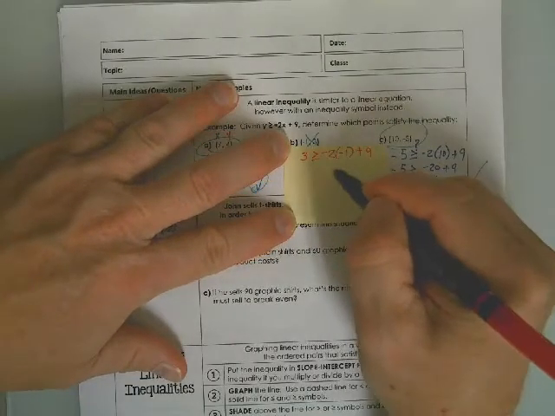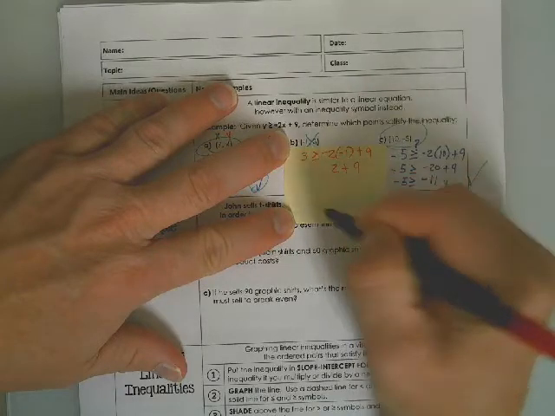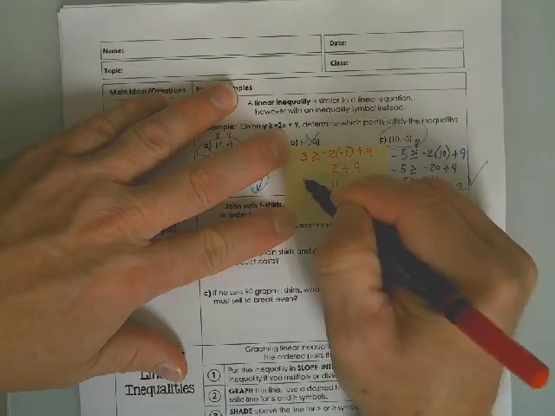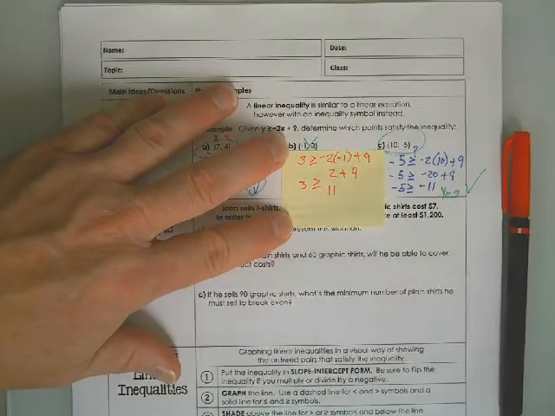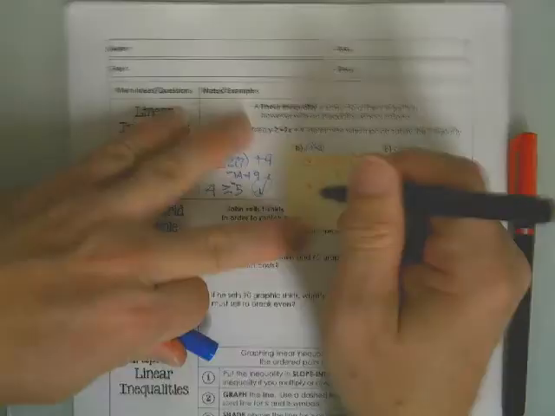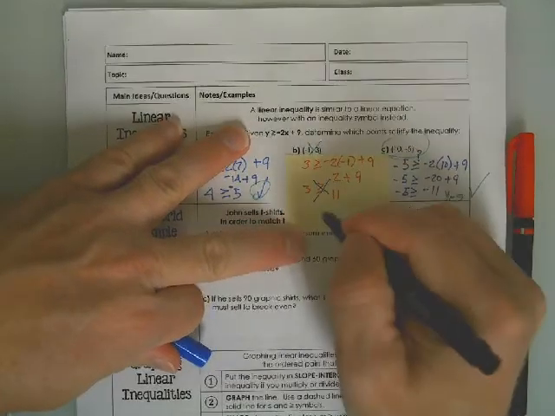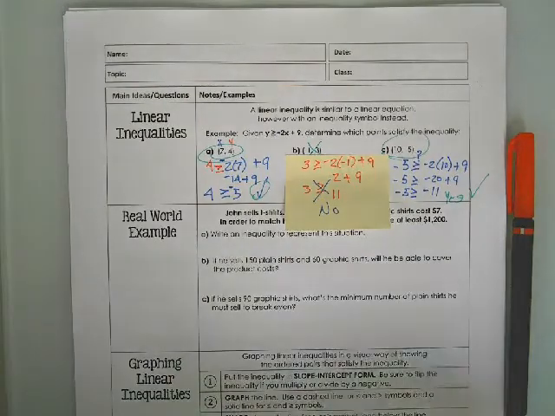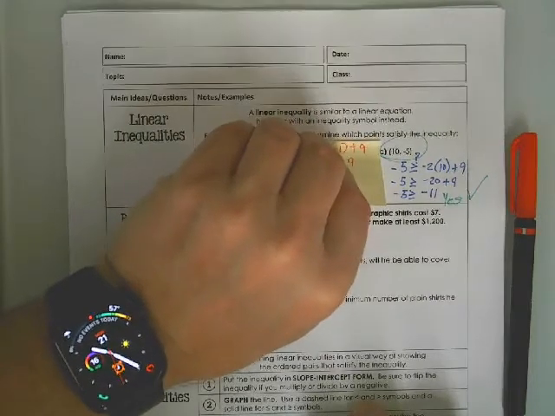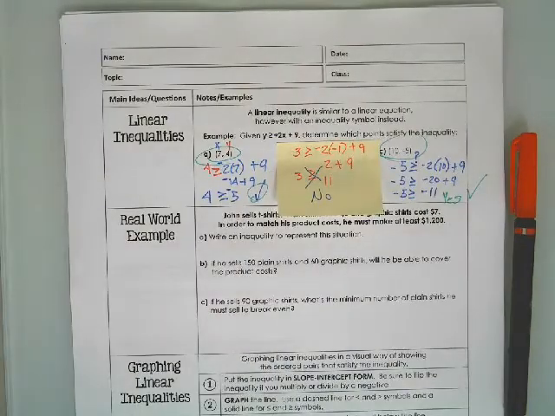And therefore, we have negative times negative is positive 2 plus 9. So 11 and 3 is not greater than or equal to 11. So even though I used the wrong numbers, it still doesn't work. And we'll say no on that one. Okay? We dodged a bullet there. Had that been a test question, I still could have gotten it correct by doing it absolutely wrong.